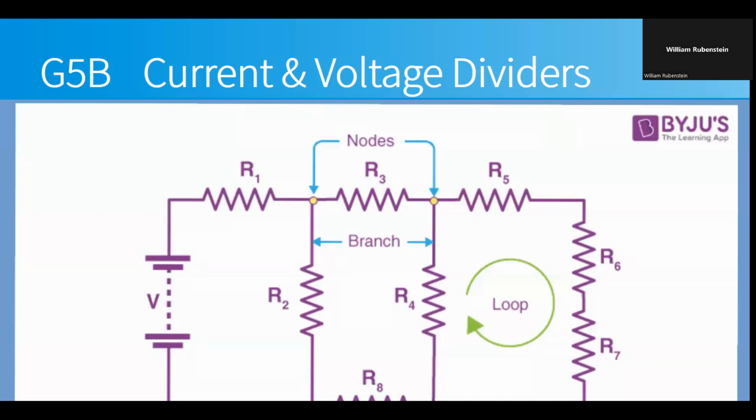I actually don't know what the voltage is here yet, but I do know that I have an R equivalent of this in parallel to this one, so I can figure out the effective resistance of those two in parallel. Then I've got another series, I add them up, and now I've got another parallel situation, which I can calculate.